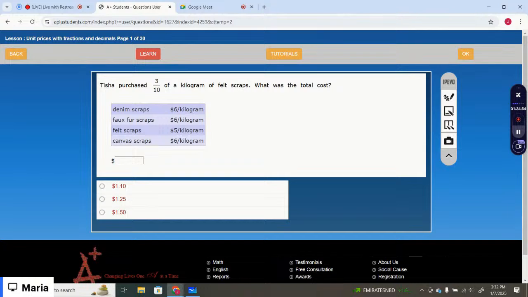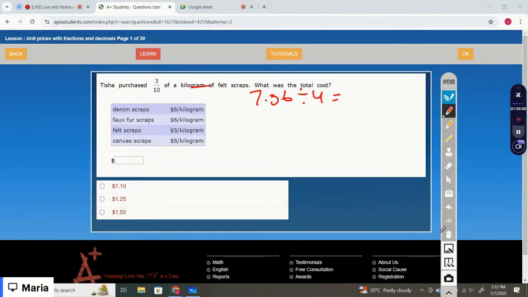Tisha purchased 3/10 of a kilogram of felt scrap. What was the total cost? The cost of felt scrap is $5 per kg, right? But she bought 3/10 of a kilogram, so 5 times 3 over 10.